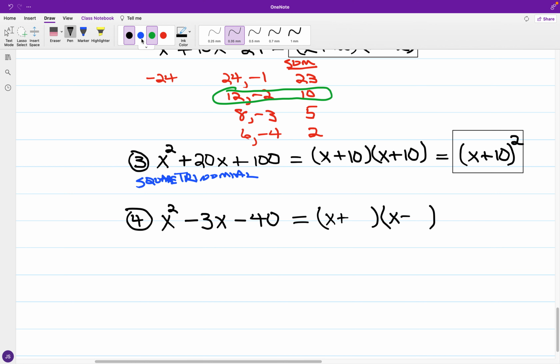Think of combinations for negative 40, like negative 40 and 1, negative 20 and 2, 3 won't go into it, but 4 will.